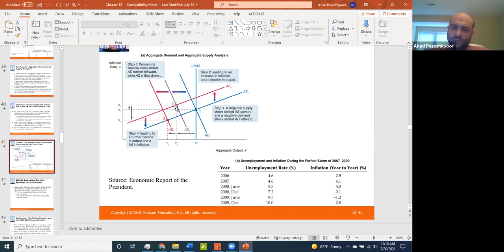But then oil prices fell and you arrived here. After the oil shock was removed, aggregate supply went back to normal, but your aggregate demand kept falling and falling and falling. So you arrived at point 3. Less output and less inflation.